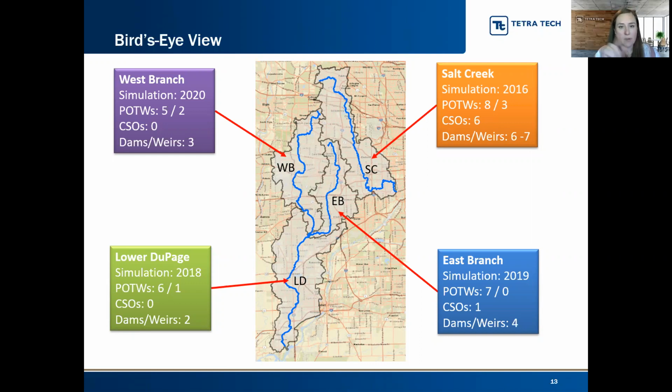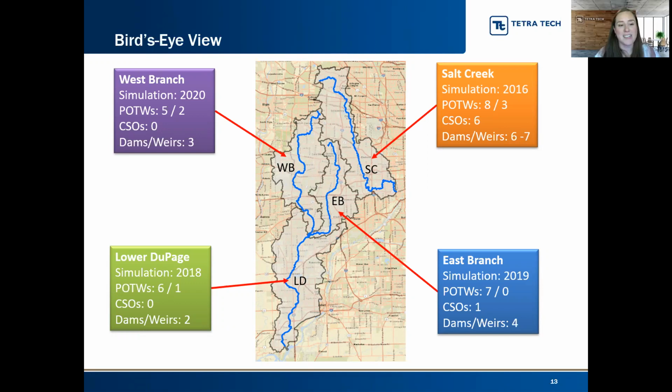Salt Creek was 2016, Lower DuPage 2018, and East Branch 2019. Those model years were selected based on when the most recent extensive, intensive biological bioassessment water quality sampling years were conducted.